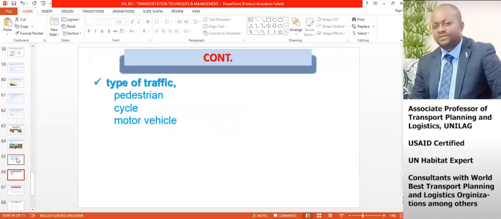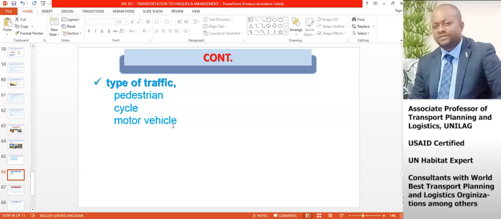Is that okay? So on type of traffic: pedestrian, cycle, and motor vehicle. You know, traffic is that vehicle on the road, that object, that container. So we just try to group them here. The pedestrian is human in form of a container. The cycle, we have its own traffic.